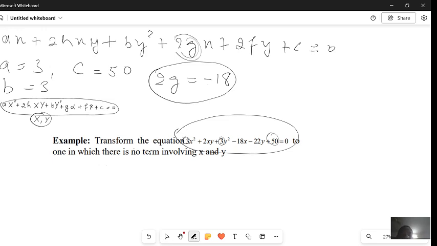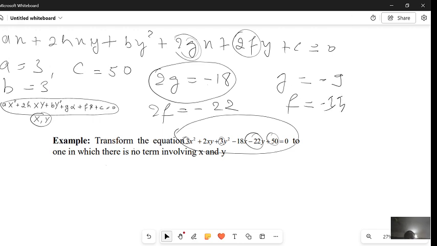So 2g equals minus 18, so g equals minus 9. Now if I come to the parameter of y, I will have 2f equals minus 20, so that means f is going to be equal minus 10. Now I already determined the parameters.